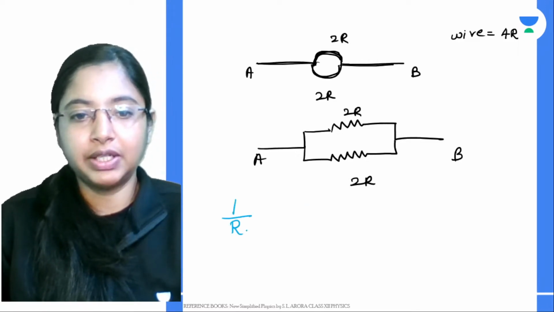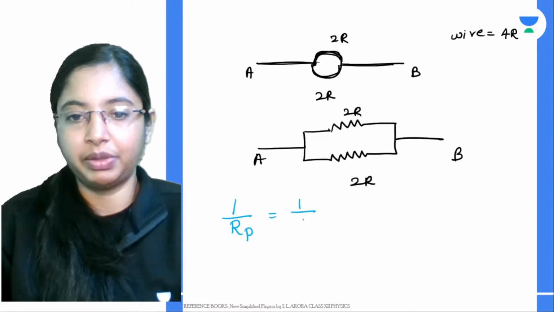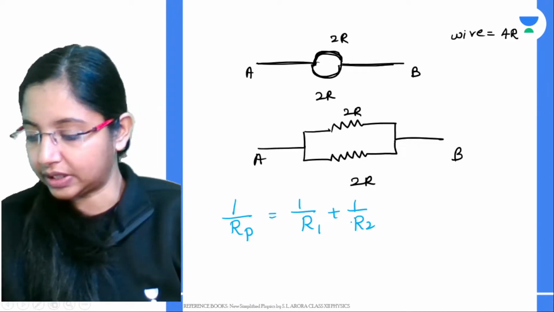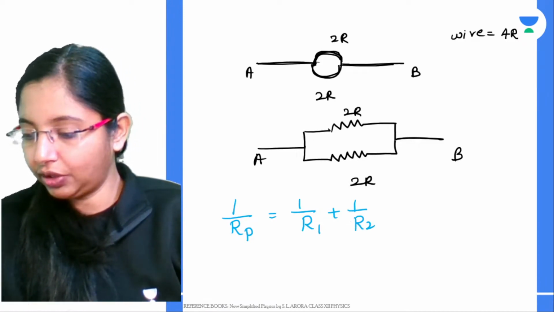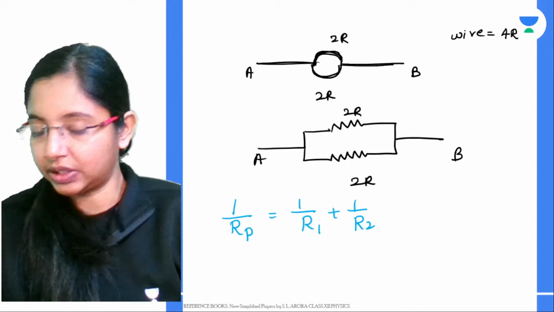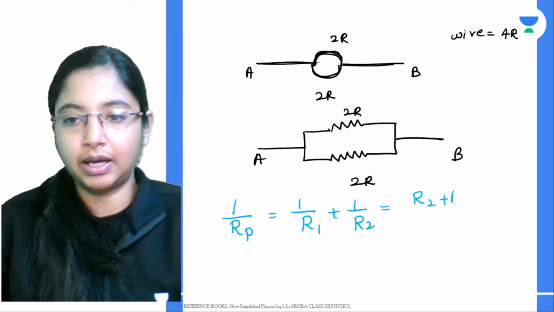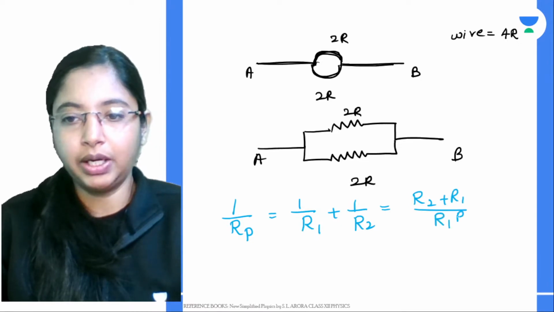The effective resistance in case of parallel combination will be the reciprocal of the sum of the individual resistors' reciprocals. Let's rearrange this. This will be R2 plus R1 by R1 R2.